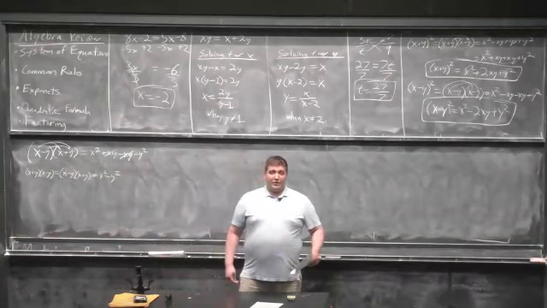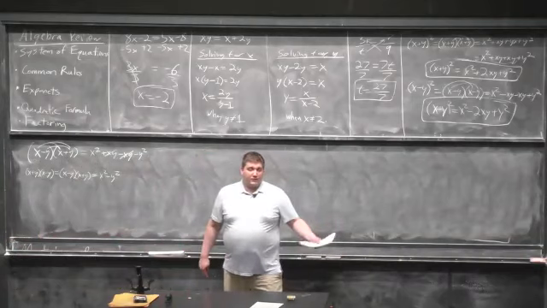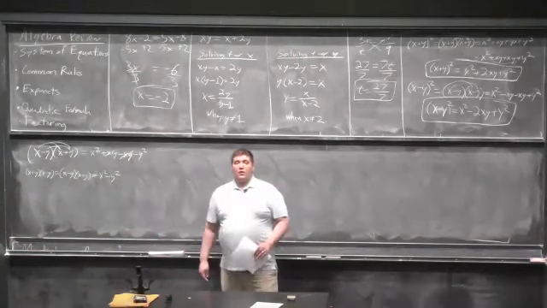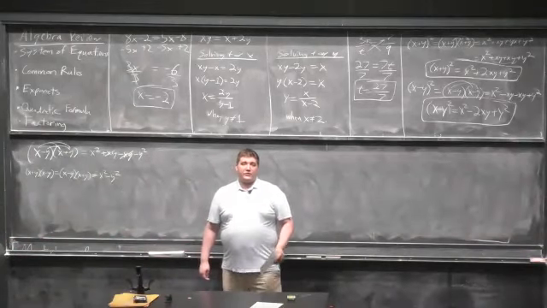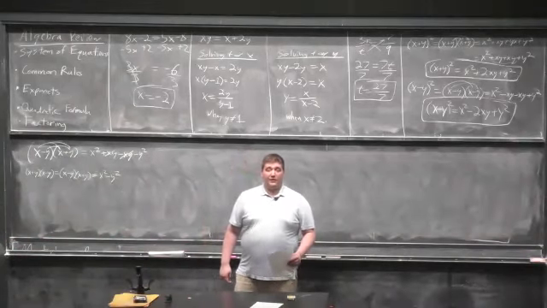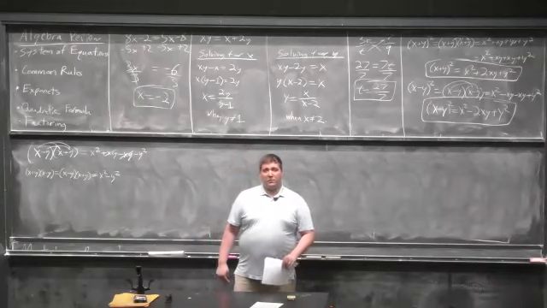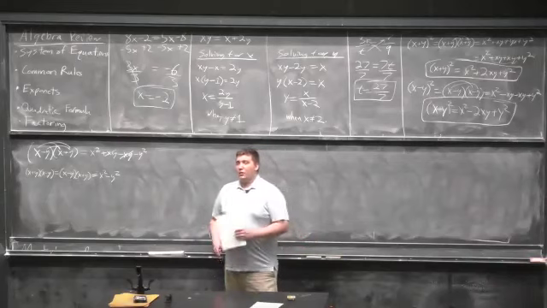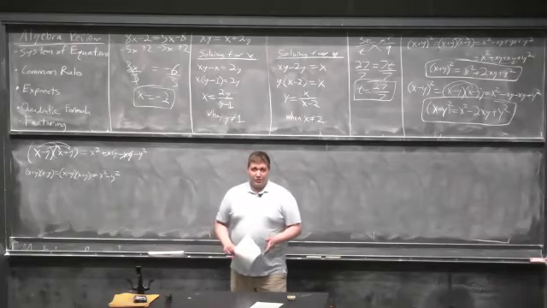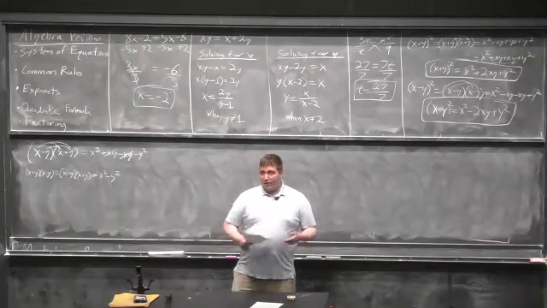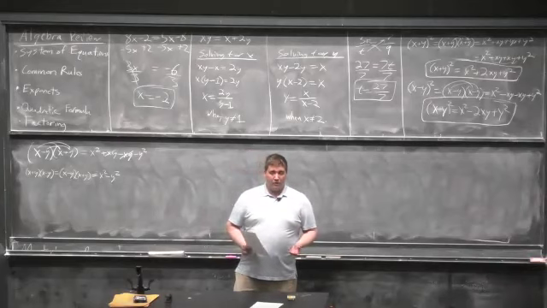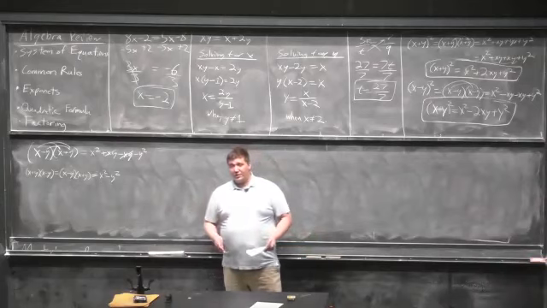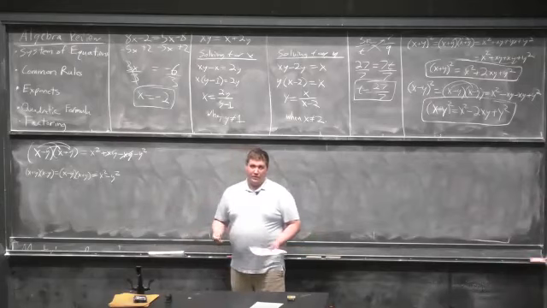If I switch 1 plus 4, that's 5, and 4 plus 1 is 5. However, 1 minus 4 is negative 3, and 4 minus 1 is 3. That's not commutative. It's not the same thing. So with multiplication and addition, you can swap any of those around. And with subtraction and division, you have to be careful with it.